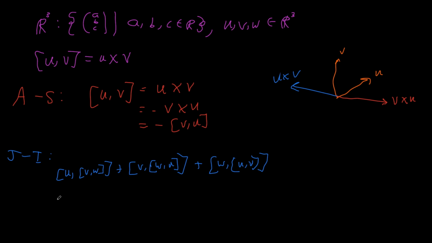This one's actually a very fun one to do. This is where we have to be quite careful, because if you do U cross (V cross W) plus V cross (W cross U) plus W cross (U cross V).